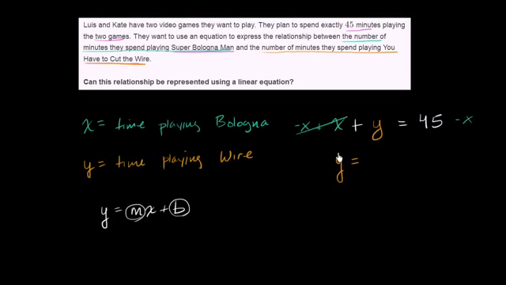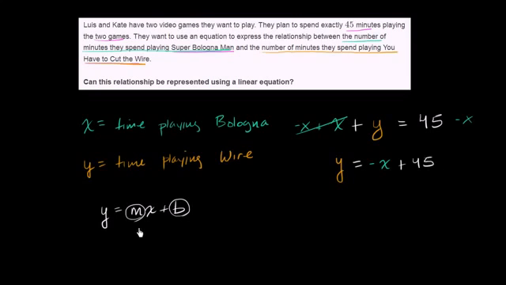Actually, let me do it in that same color just to make it not be confusing. Y is equal to, and I'll write the negative x first because we have the x term right over here first. So y is equal to negative x plus 45. All I did is I switched these two terms around.